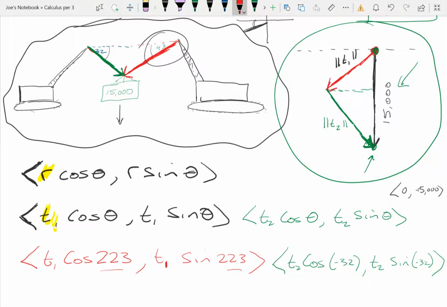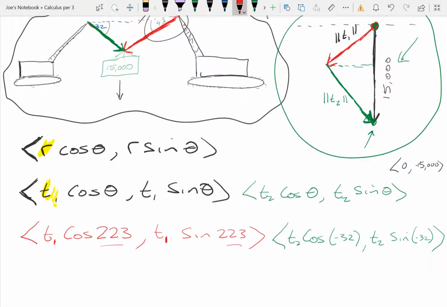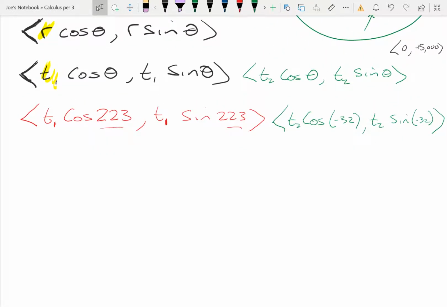Well done. Yes, it's definitely the tension on that times the cosine and sine respectively. Do you see what he pointed out? I had tension 1, tension 2 on this vector, and it's always going to be tension 1, tension 1, tension 2, tension 2.